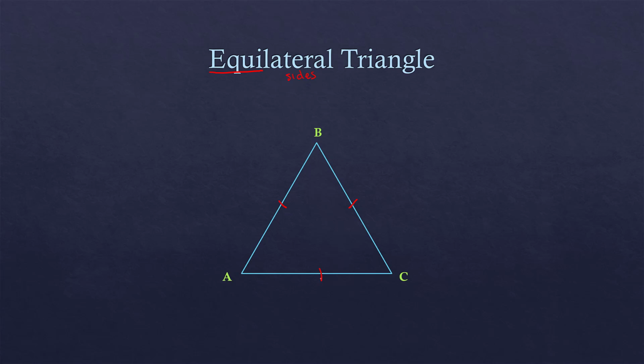But an equilateral triangle is also what's considered equiangular, and angular means angles. So not only does an equilateral triangle have equal side lengths, it also has equal angle measures. So three congruent angles.